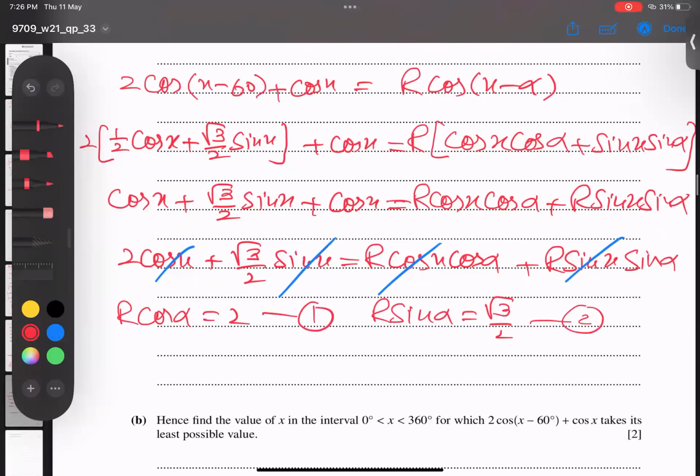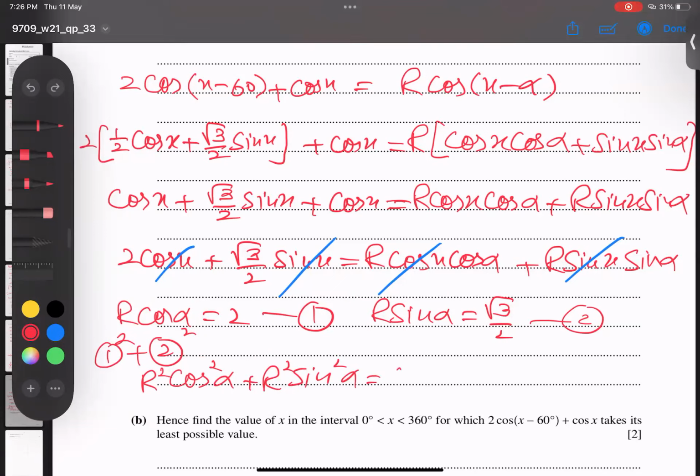And you know, students, sine square plus cos square is 1. If I take 1 square plus 2 square, what happens on the left hand side? R square is common. What is left? Sine square plus cos square, which equals 1.